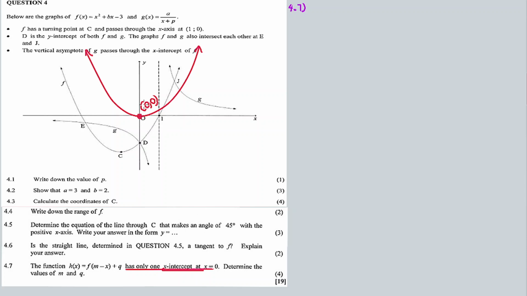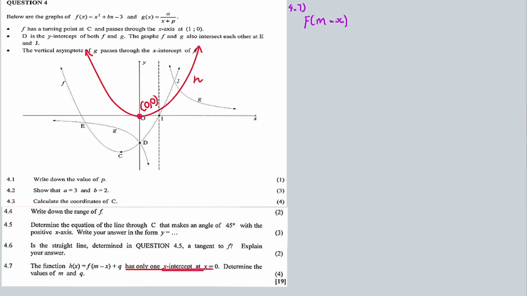So we need to understand how our graph of f moves to the right function that passes through the origin, function h. This is function h, right? Now let us look at f first before we talk about h.